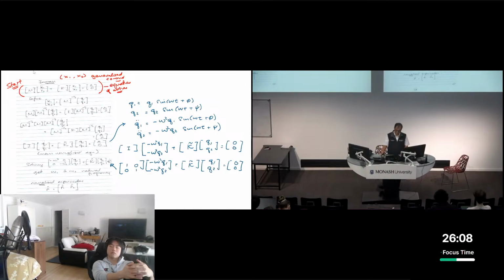What Inman did was that he then introduced another set of generalized coordinates when he considered using the Cholesky decomposition to normalize this mass matrix. If you don't know it, just have a look at Wikipedia about Cholesky decomposition.